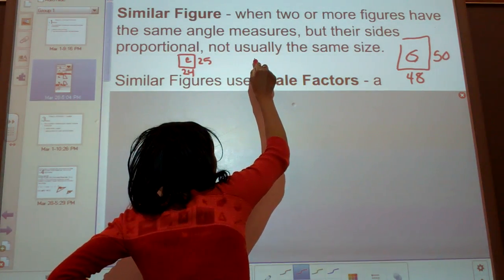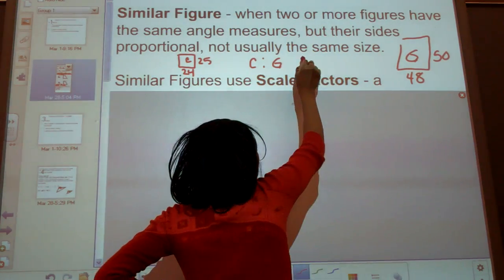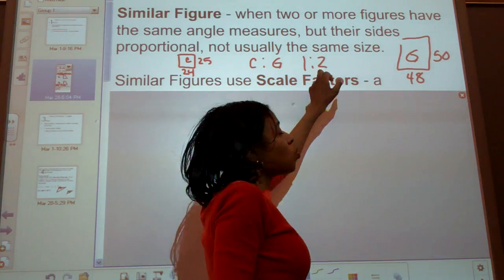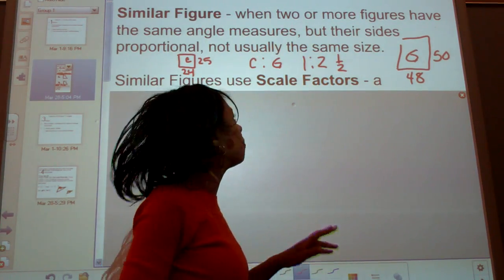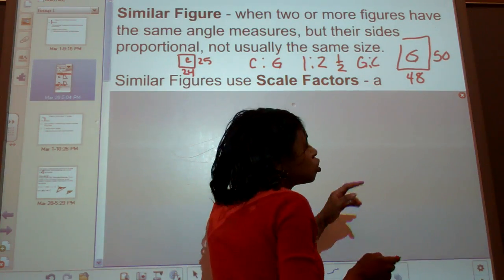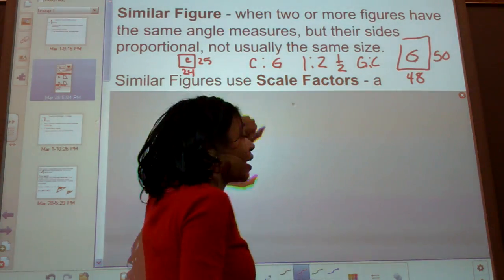Classroom compared to gym is a 1:2 ratio, or 1/2 as a fraction. Gym to classroom is a 2-to-1 ratio. The gym is 2 times larger than my classroom.